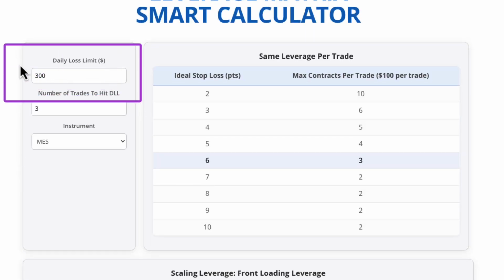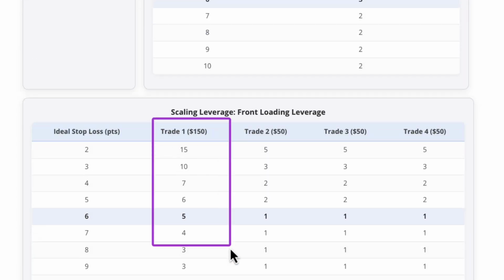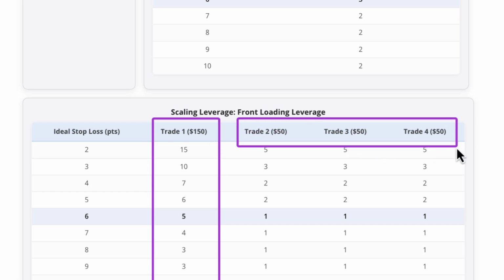In the example, it's a $300 daily loss limit. We're putting half of that risk on the very first trade, where you're the freshest and price action is the most responsive. And then if that's a loss, you smartly deleverage going into your next trade, not increase your leverage.